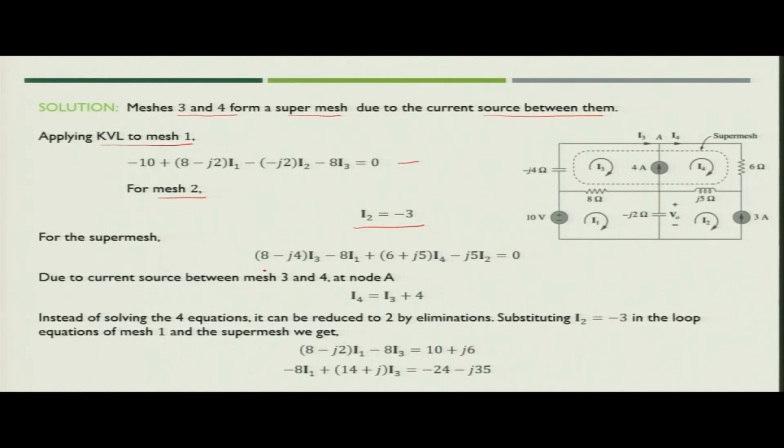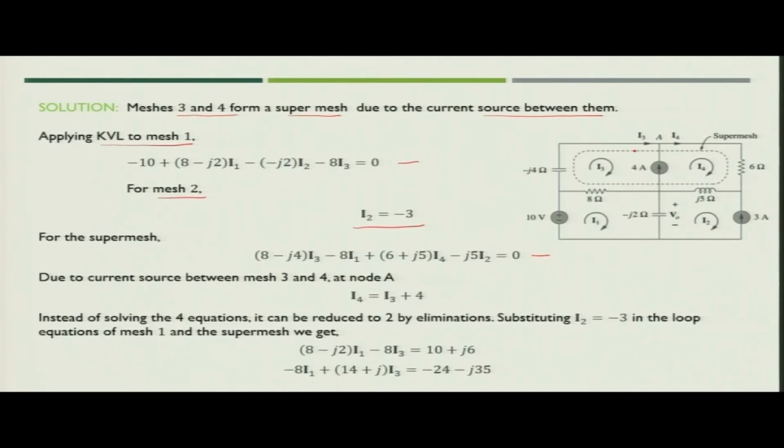For the super mesh, the third loop, you will get (8 minus j4) into I3 minus 8 I1 plus (6 plus j5) into I4 minus j5 into I2 equal to 0. This is what you get from the super mesh.